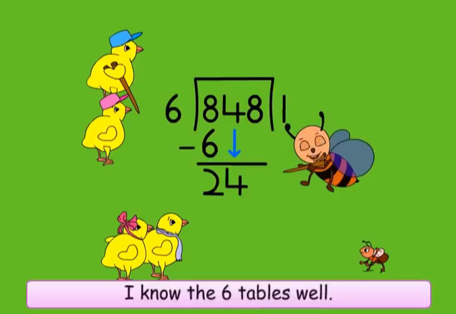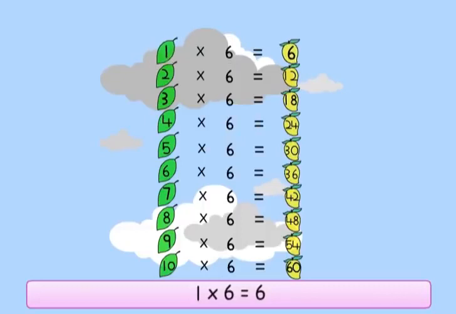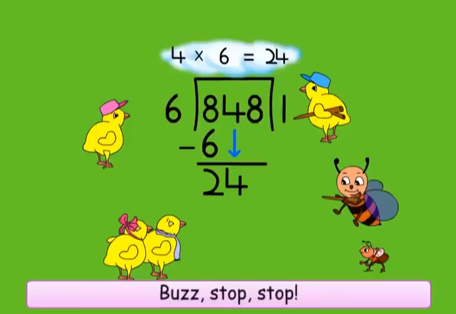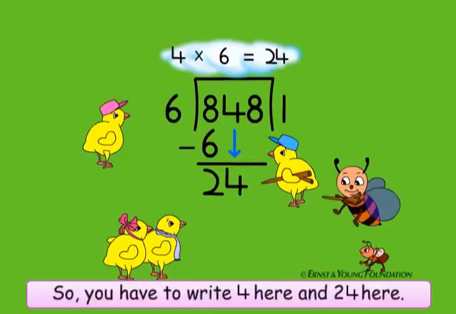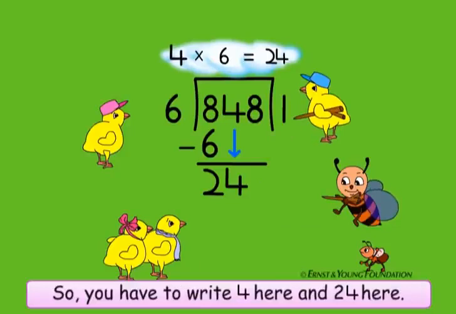I know the 6 tables well. 6 ones are 6, 6 twos are 12, 6 threes are 18, 6 fours are 24. Buzz, stop! It's 24. 6 fours are 24. So, you have to write 4 here and 24 here.